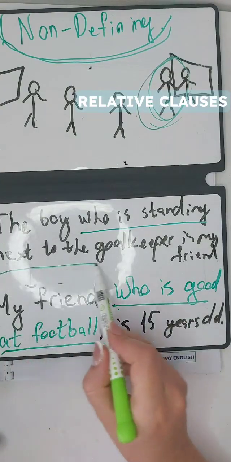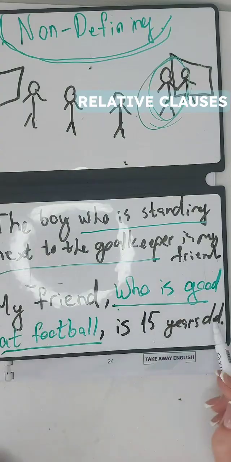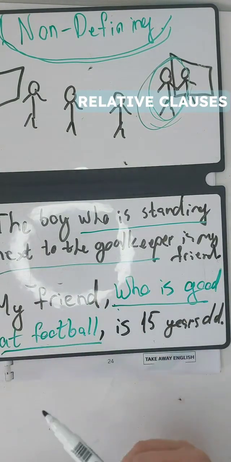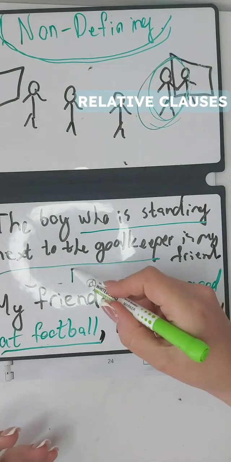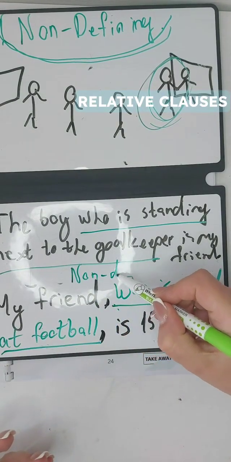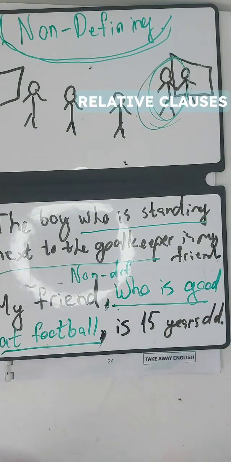Defining. Non-defining. Can you notice the difference between these two sentences? I've used commas in the non-defining. Non-defining. I've used commas.